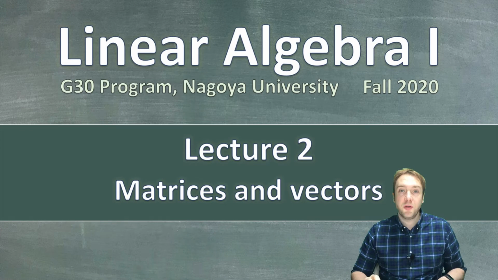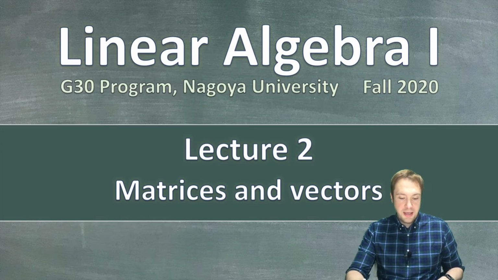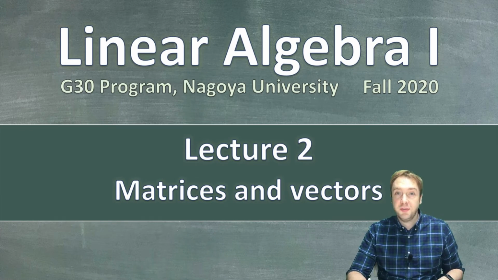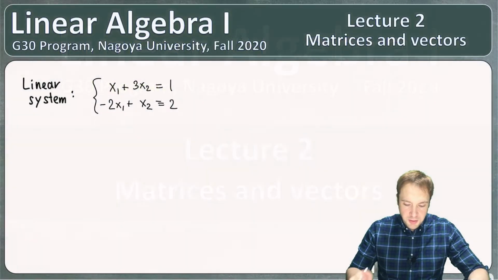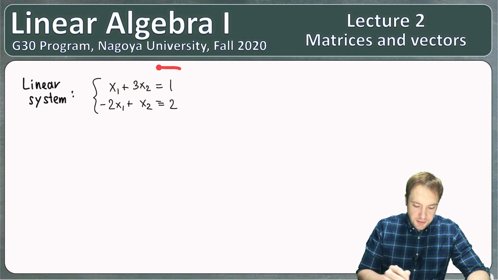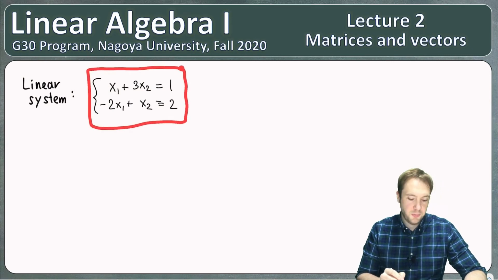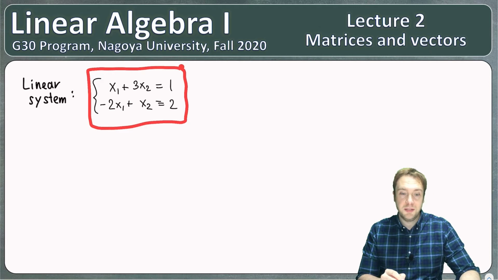So last time we talked about linear systems, and today we want to introduce matrices and vectors, and with these we want to rewrite these linear systems and then see how we solve these linear systems by using these new notations. So recall that last time a linear system was given by a finite collection of linear equations like here.